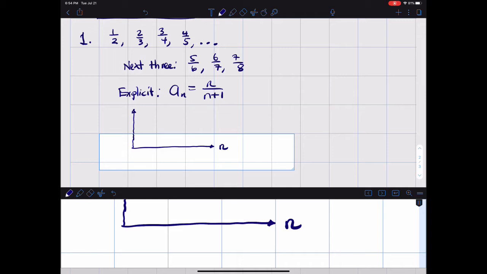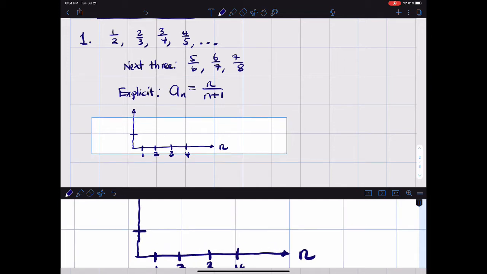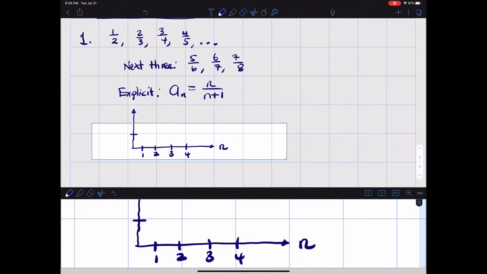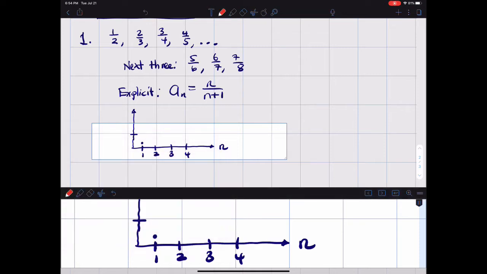So this is n when n is 1, when n is 2, when n is 3, when n is 4, and so forth. Where n is 1, the value is 1/2. So we get something like this. When n is 2, it's 2/3.